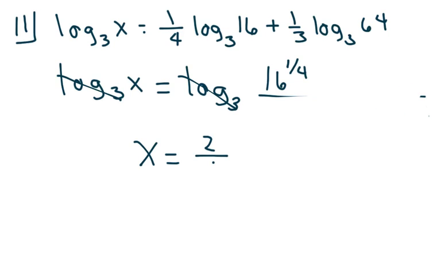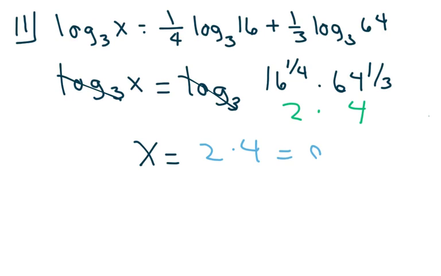I was dividing, so it's going to be times 64 to the 1/3. So we know that this equals 2 times 4, which equals 8. So our solution set is 8. Clearly 8 works because you only had one x here and it works.